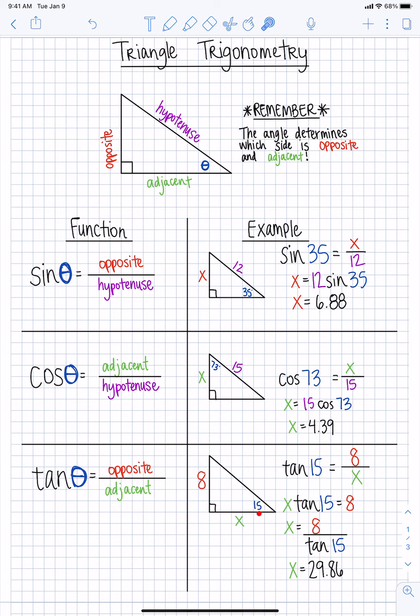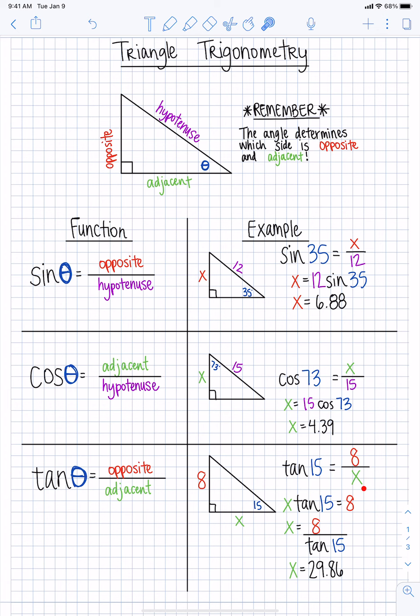So if we're looking at the angle of 15 degrees, we know the opposite is 8, and we want to find this adjacent side. We can use tangent. The tangent of 15 is going to be equal to 8, the opposite side, over x, our unknown adjacent side. So this is the calculation that's a little bit longer.